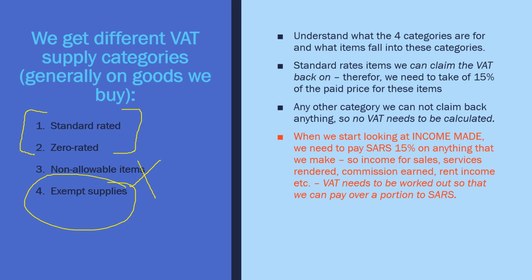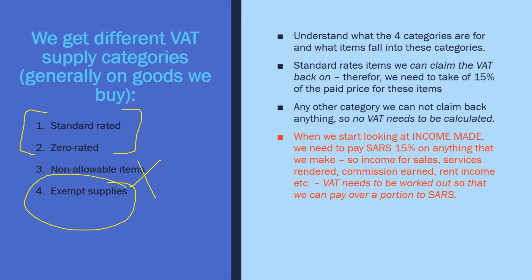So when we decide on the prices that we are going to sell something for or offer a service at, I need to be mindful of the fact that if I say I'm going to offer a service at 200 Rand, SARS is going to take 15% of that 200. So I should rather offer the service at 230 Rand, because SARS will get 30, so I can still keep the 200.